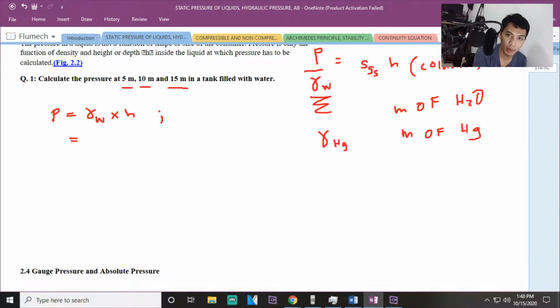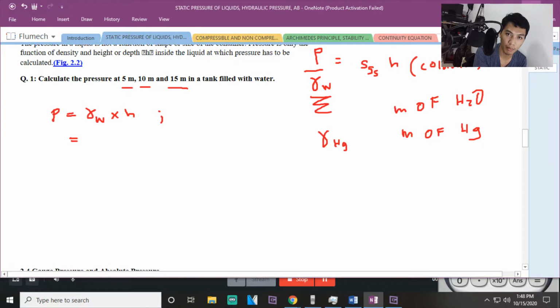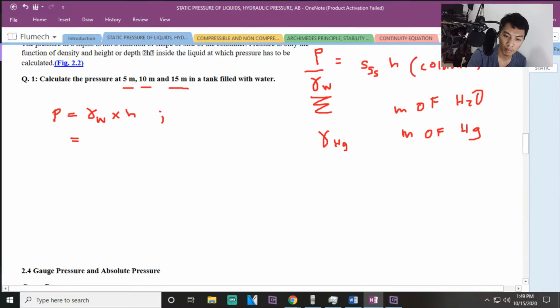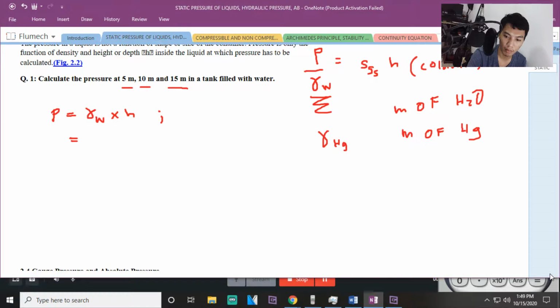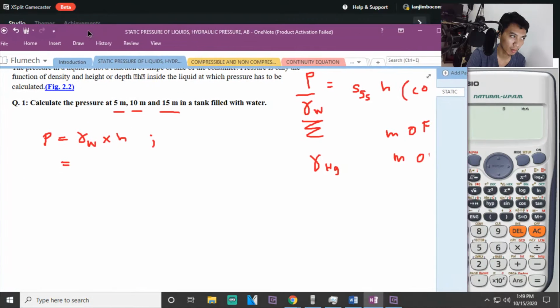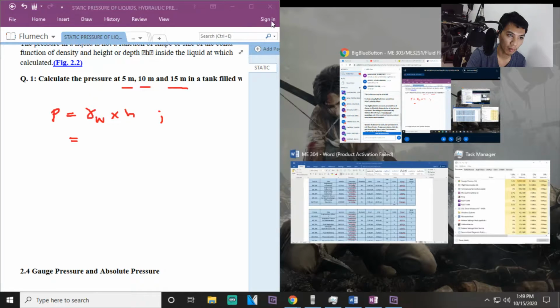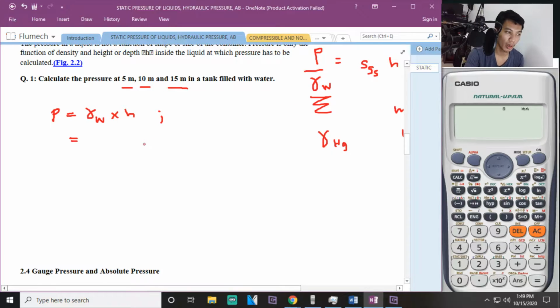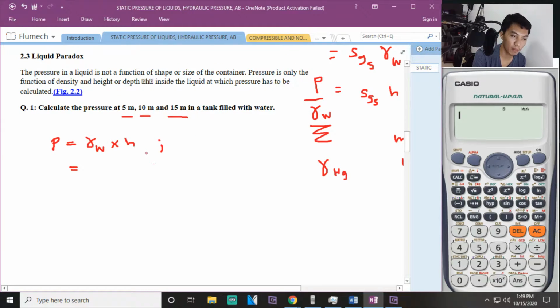The specific weight of water, sinabi ko kanina, that is 9.8066 kilonewton per cubic meter.